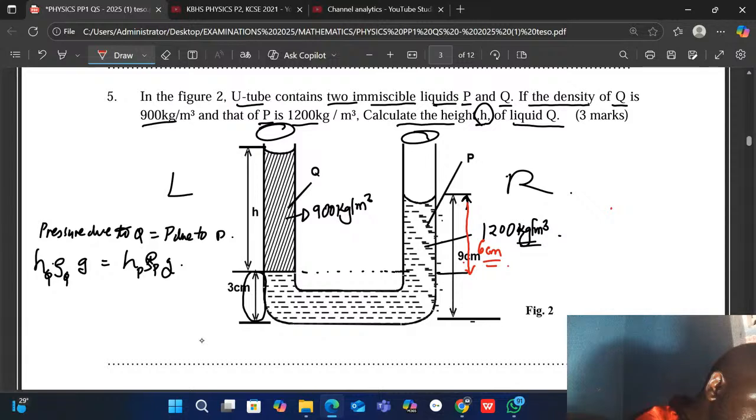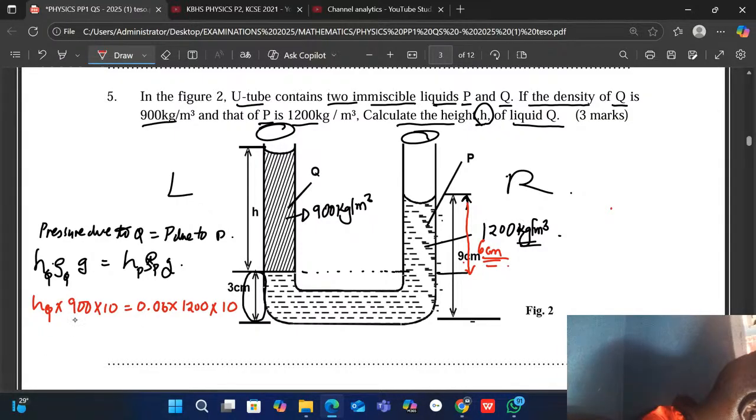So, height of Q, we don't know, times density of Q is 900, times 10 will be the same as height of P. We have seen it is 6 centimeters. It is equivalent to 0.06 meters times 1,200 times 10.